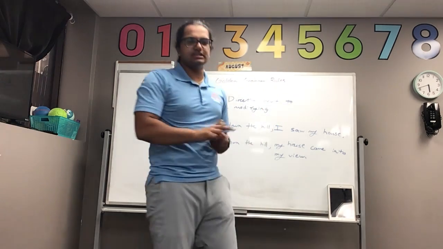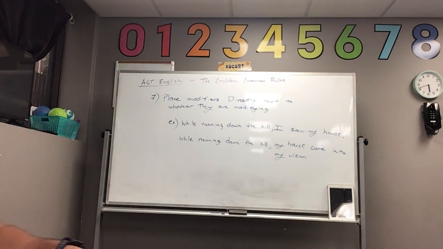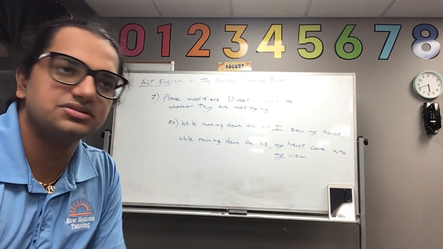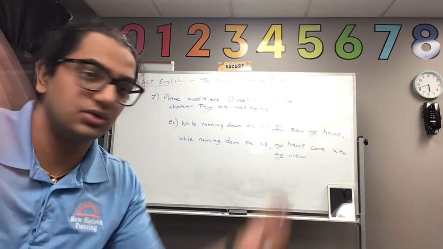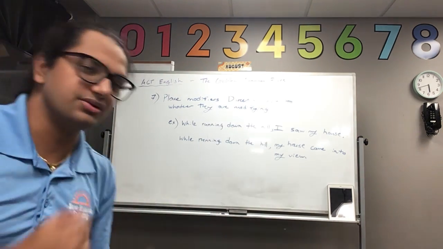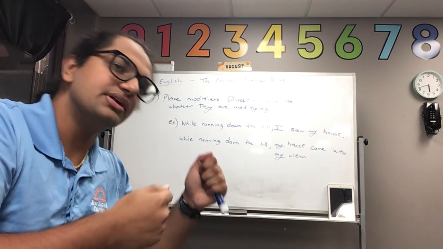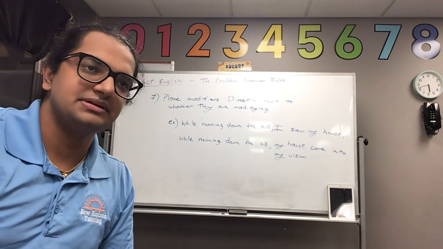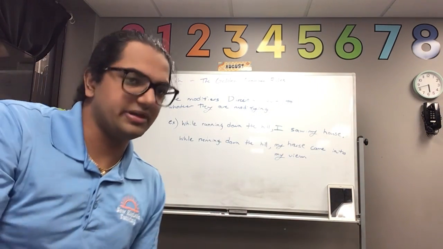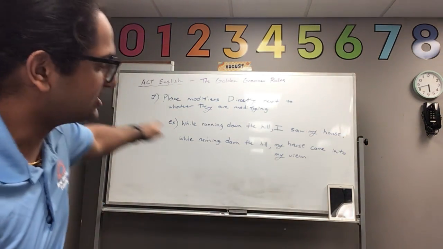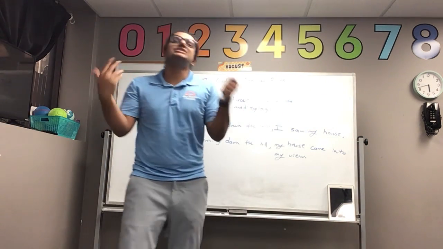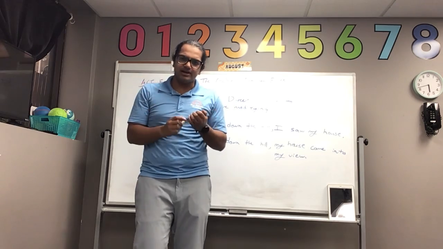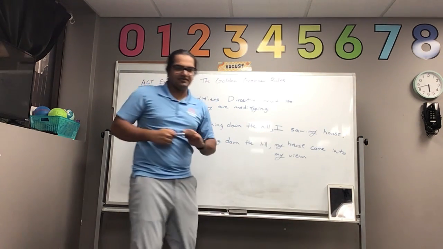Okay, here are two sentences, and they mean the same thing to you, right? "While running down the hill, I saw my house." Cool. "While running down the hill, my house came into my view." Cool. They both mean the same thing, right? You're running down the hill, and you look, and oh, there's my house. However, the second one, as a non-English speaker, the way they teach English, the idea is when you have a modifier, whatever's next to it is what's being modified.